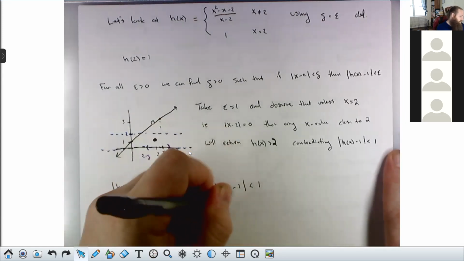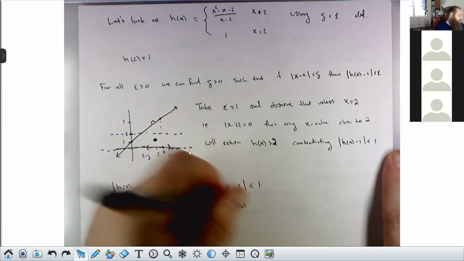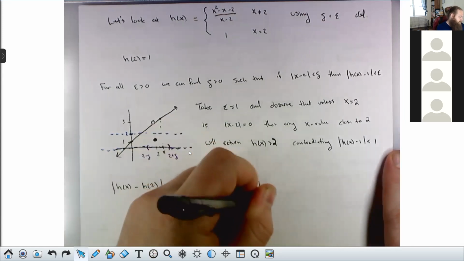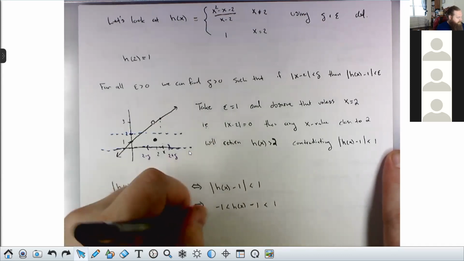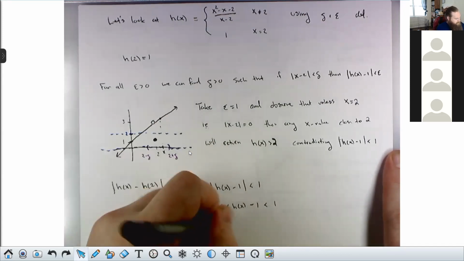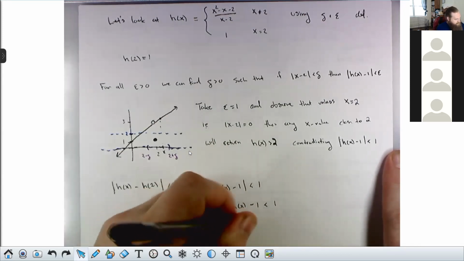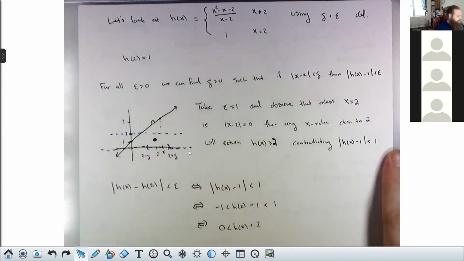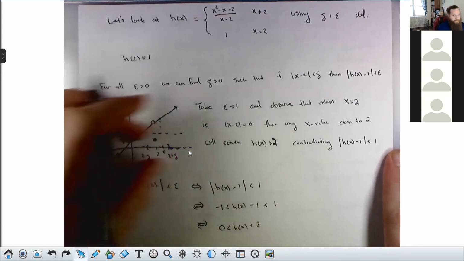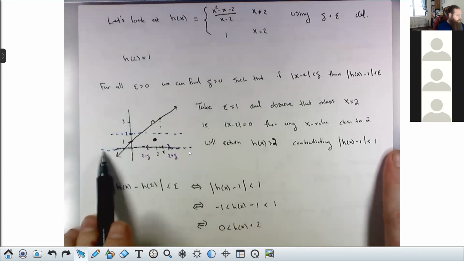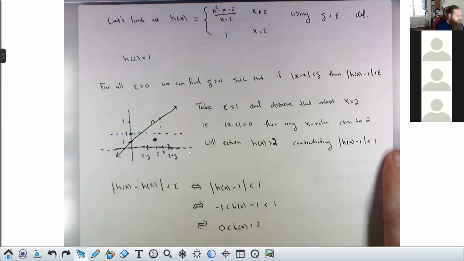Just the same as saying negative 1 is less than h of x minus 1 is less than positive 1. And then add 1 everywhere, the same thing, 0 is less than h of x is less than 2. And that's exactly what I've drawn here, right? This is that epsilon window. It goes from 0 up to 2.